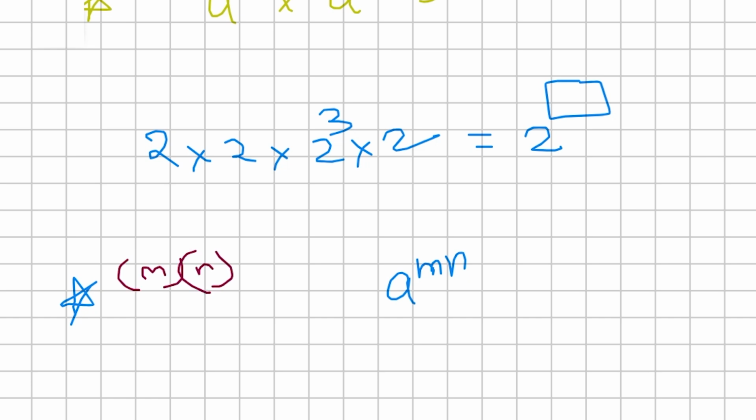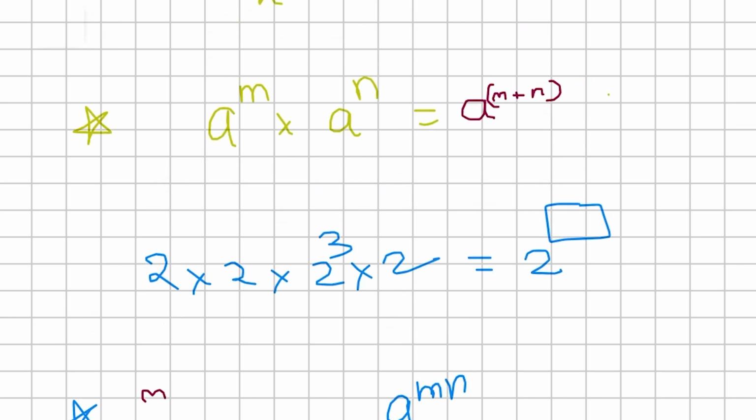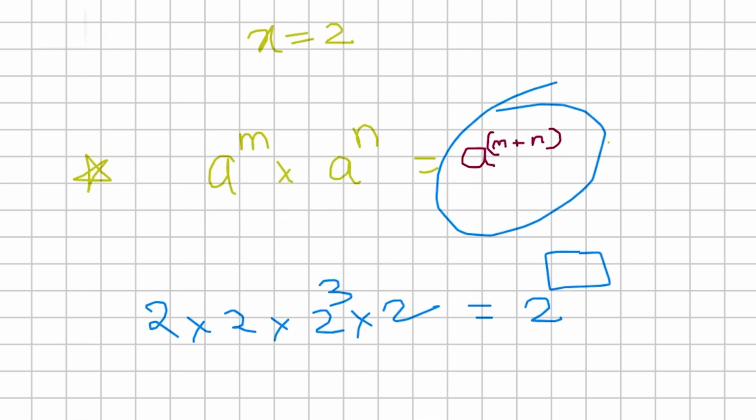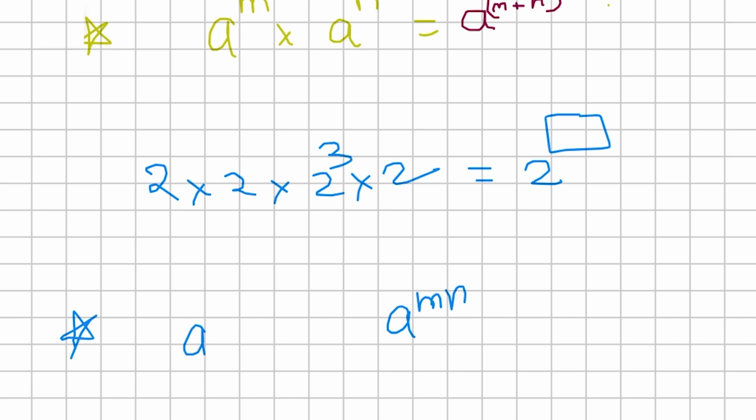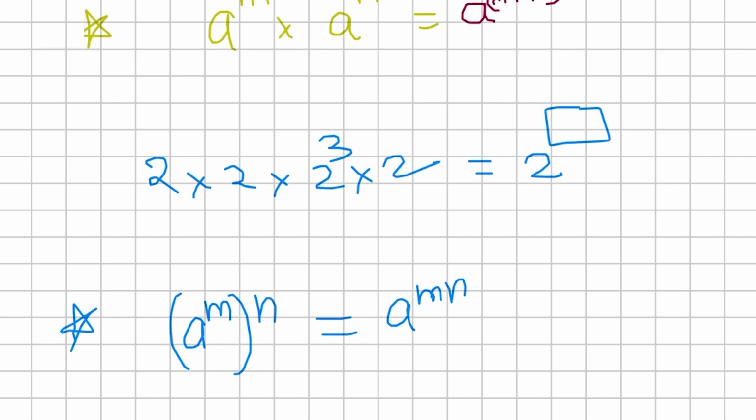So this time exponents are multiplied. Earlier it was added. Correct. So a to the power m, whole power n, will be equal to a to the power m times n. Okay, I get it.